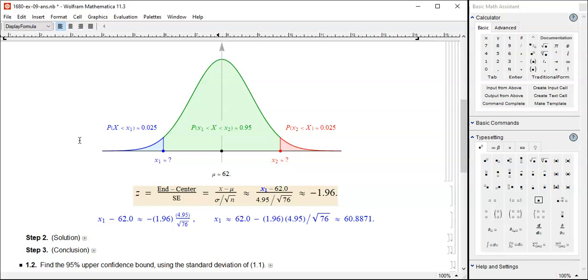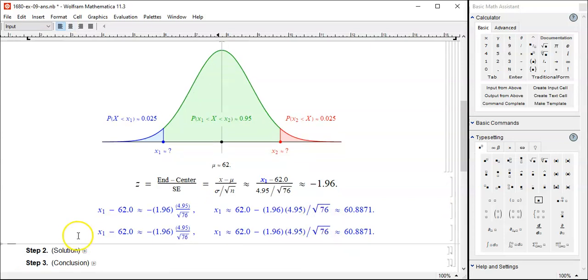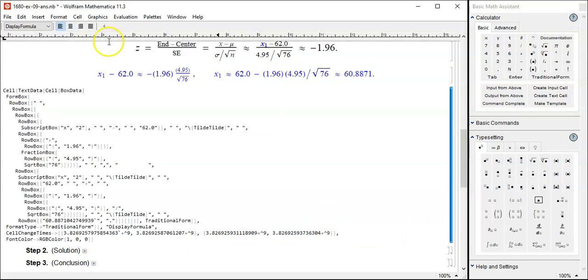Let's use symmetry. X is 62; minus that from the center, subtract, and you're going to get x1. I'm going the other way around, so I'll just add, and that's going to give me x2, the right-hand side. So the plus x2, and that's plus.